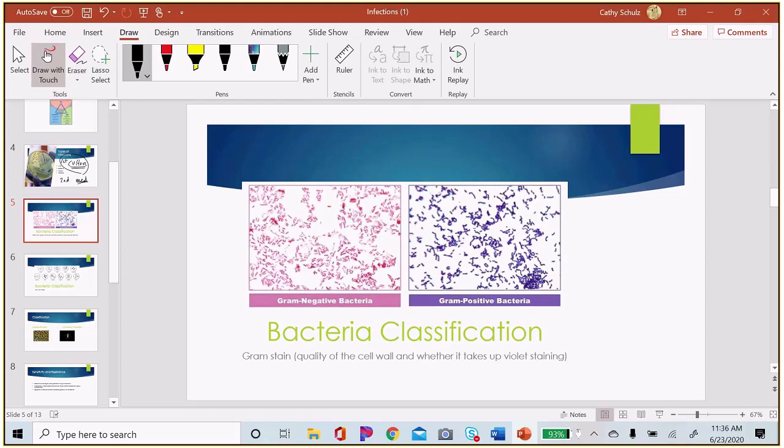The gram-positive bacteria stain darker, because of the characteristic of their cell wall. Gram-positive bacteria are easier to treat. Gram-negative bacteria do not take up the stain as brightly because they have very thick cell walls, and that's why they are harder to get rid of.